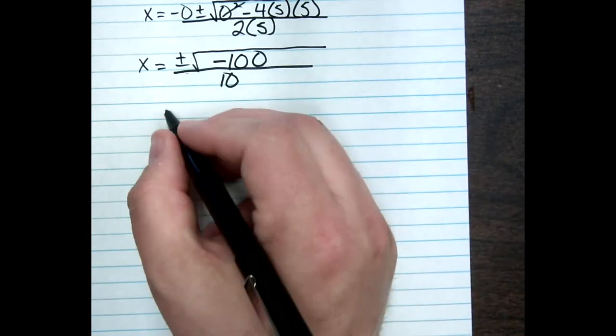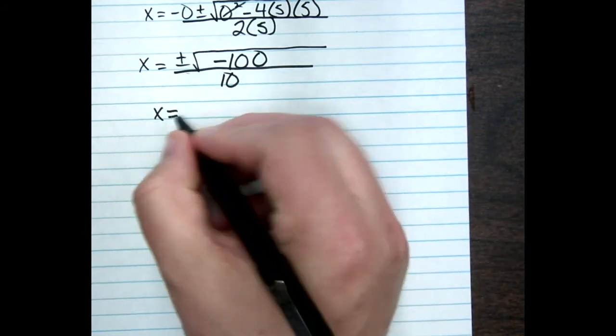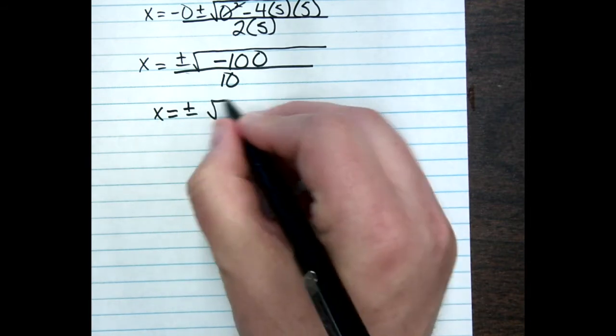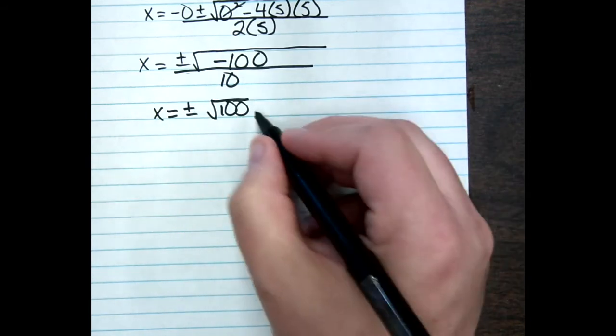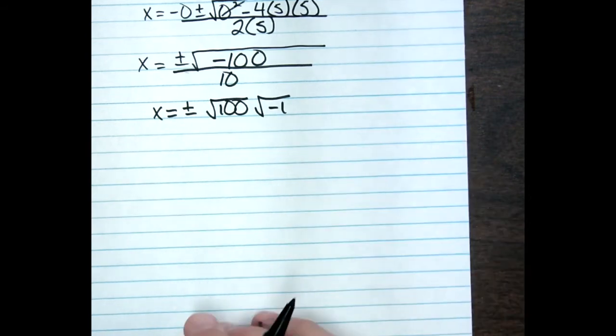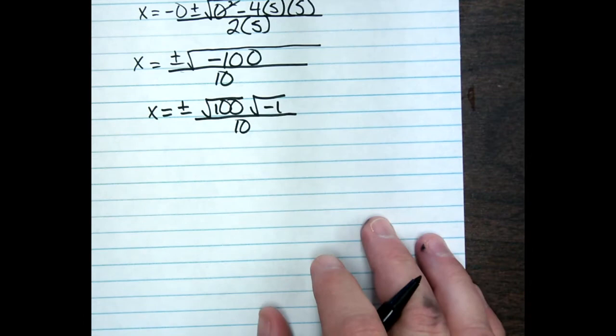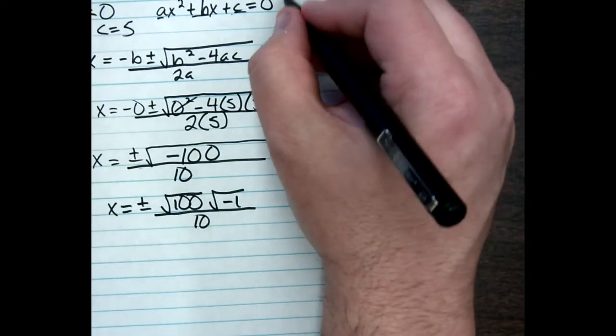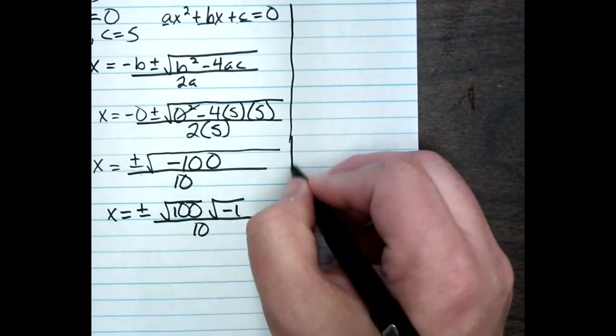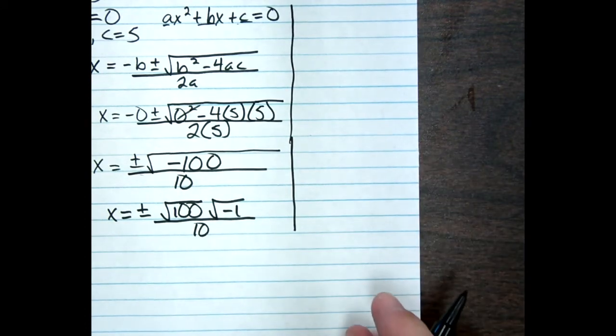So what we'd like to do is rewrite this as the square root of 100 times the square root of negative 1 all over 10. The reason I wrote it that way is because now we are going to have to use what we call imaginary numbers.